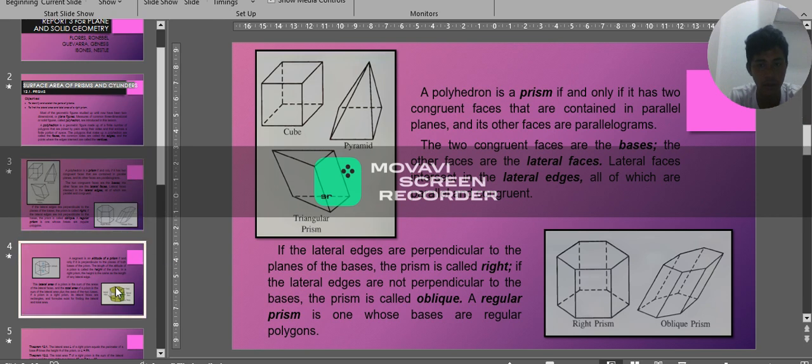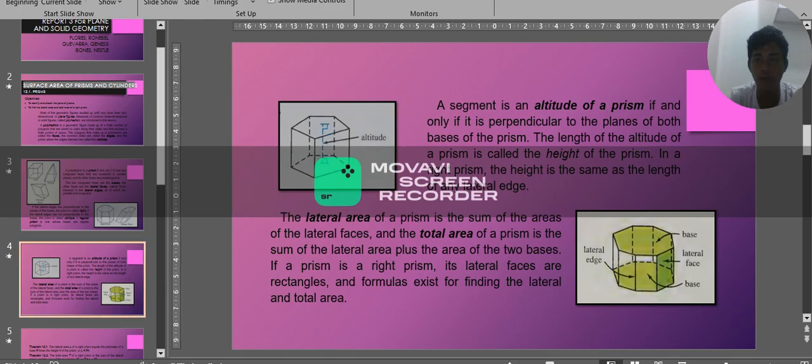A segment is an altitude of a prism if and only if it is perpendicular to the planes of both bases of the prism. The length of the altitude of a prism is called the height of the prism. In a right prism, the height is the same as the length of any lateral edge.